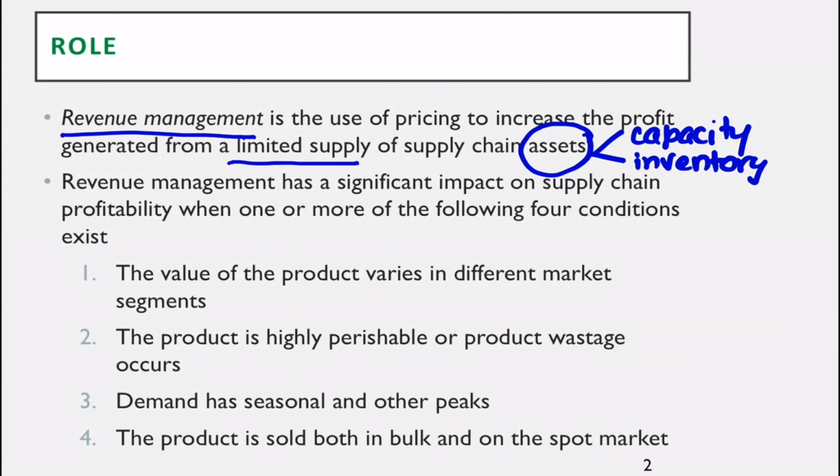So the idea behind revenue management is to grow profits by selling the right asset to the right customer at the right price. So if you take the example of a company like Amazon, Amazon makes use of a strategy where shipping cost is not constant.